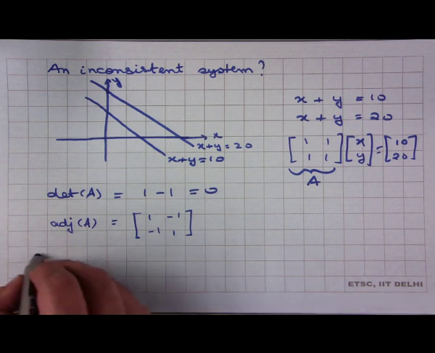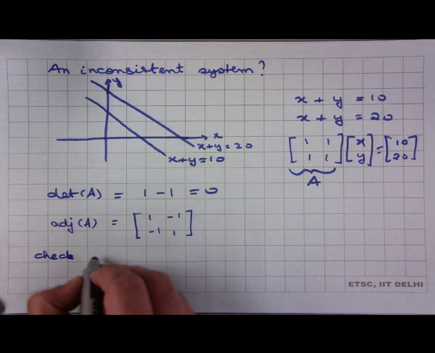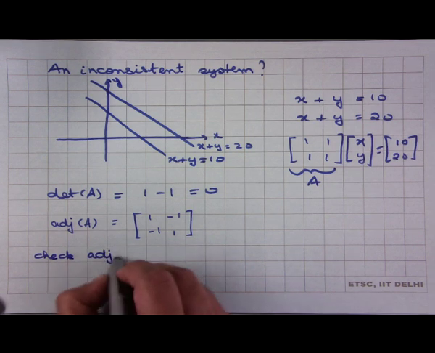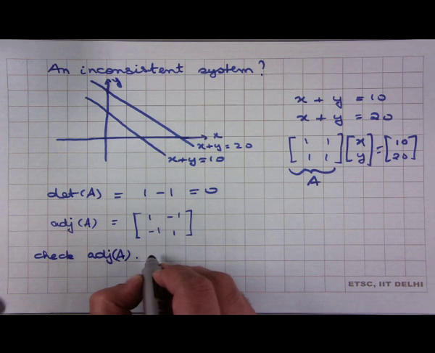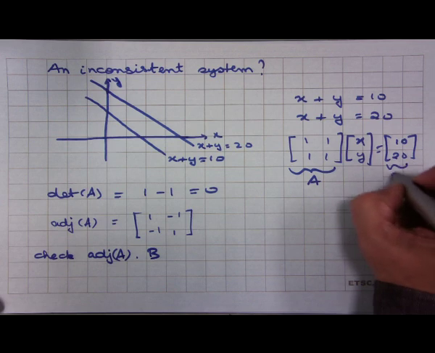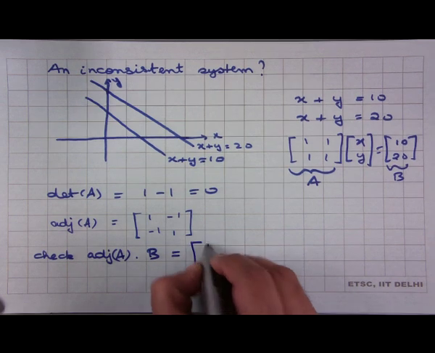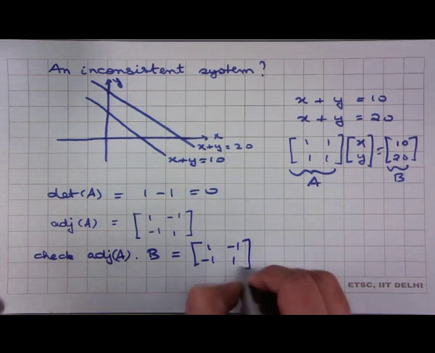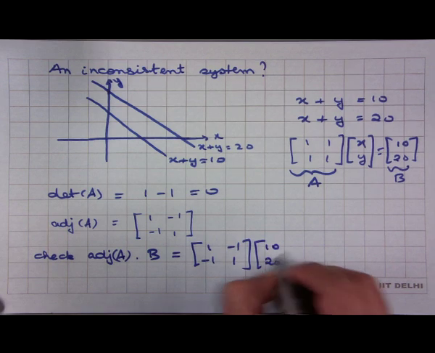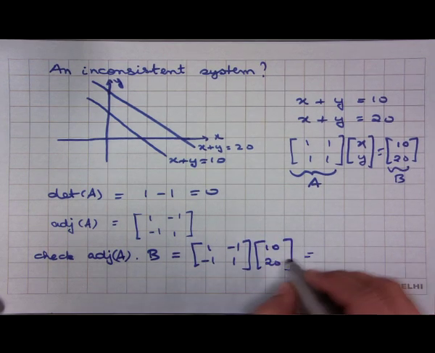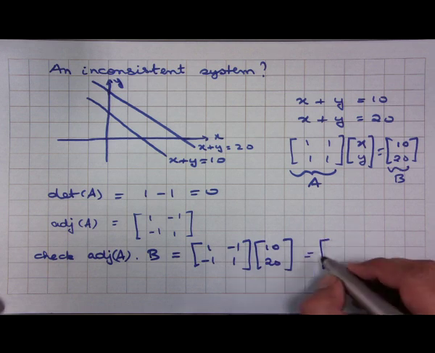Then we will check the value of adjoint of A times B. In this case this is B. So, what is adjoint of A times B? This is [1 -1; -1 1] times [10; 20], and this is going to be 10 minus 20, so minus 10, and then plus 10.